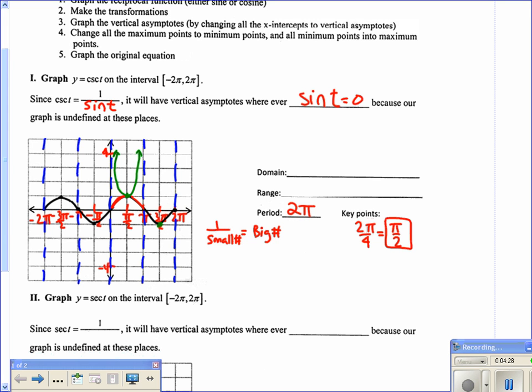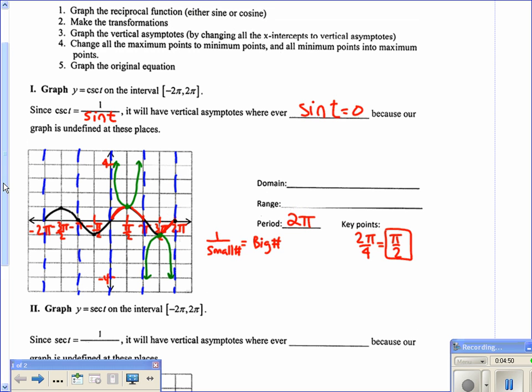Then notice that this part of my parent graph for sine comes closer and closer to 0, and it's negative, so 1 over a very small negative number is going to be a very large negative number. So my graph is going to start coming close to my asymptote going down this way, and this part would come down this way. So that's what it said before when you change the maximums to minimum points and vice versa.